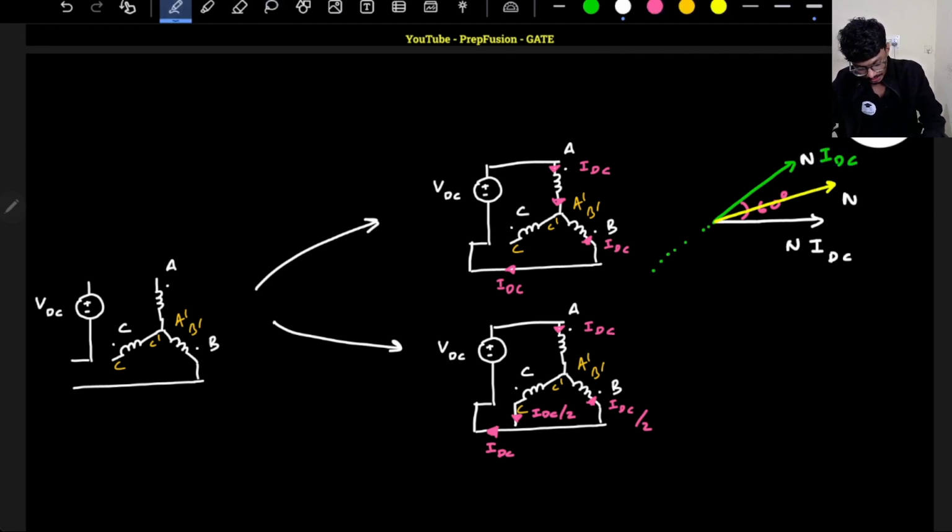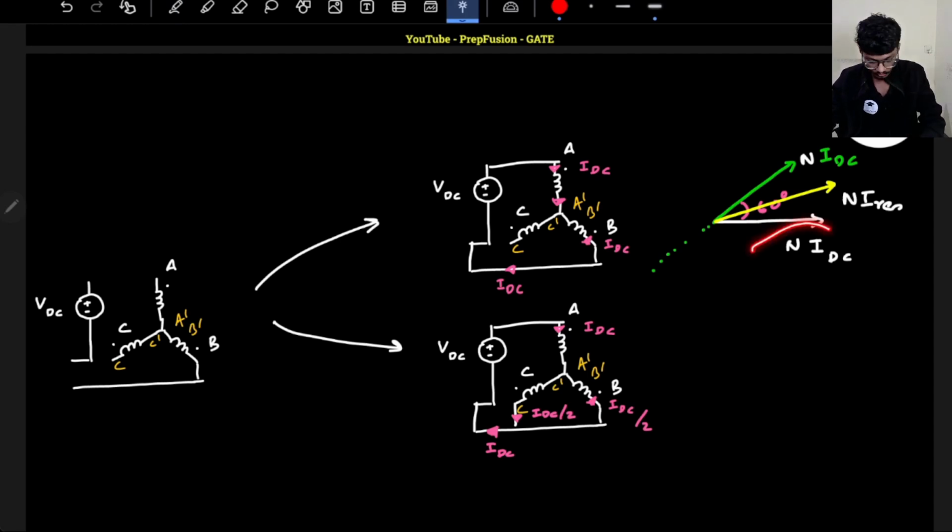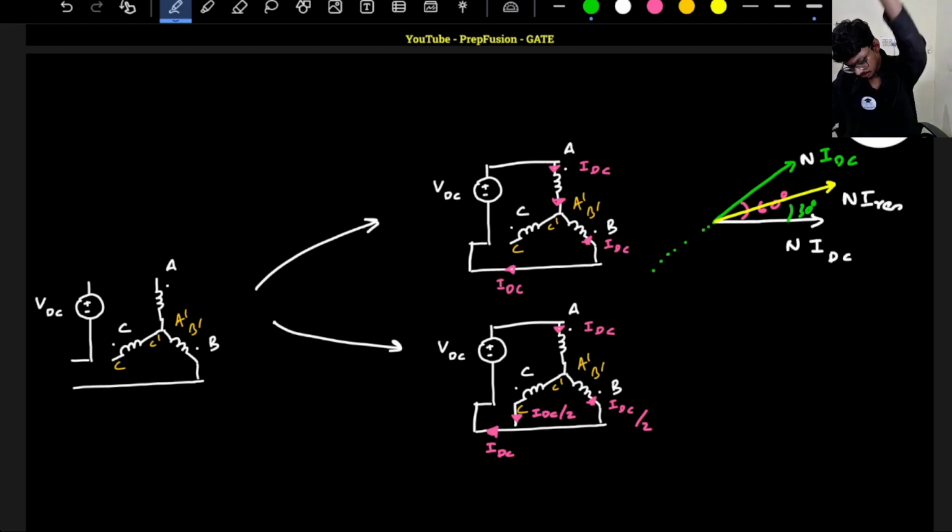So the resultant will be N into I resultant, the resultant MMF. How do I calculate it? Very simple, right? Vector addition of two magnitudes of the same value. It will be 30 degrees from here, and the magnitude will be simply root 3 by 2, if I remember correctly. Or no, sorry, root 3, right? You can do the vector sum.